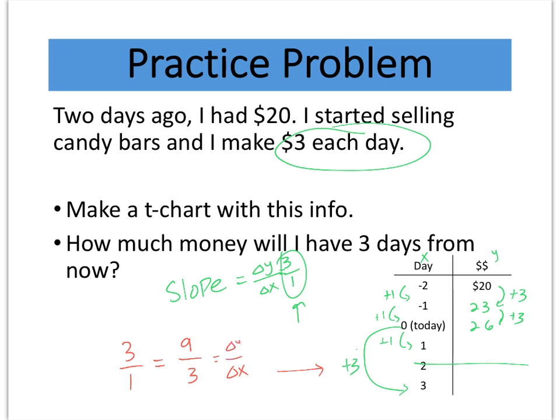My change in y is 9. So from 26 to 3 plus 9. When my change in x is 3, my change in y is 9, so 26 plus 9 ends up being $35, and that's how much money I have today. I didn't even need to do the plus 3, plus 3, plus 3, and this can be really helpful sometimes. And even though this is a simple example, this complicated explanation of making my fraction bigger is helpful.